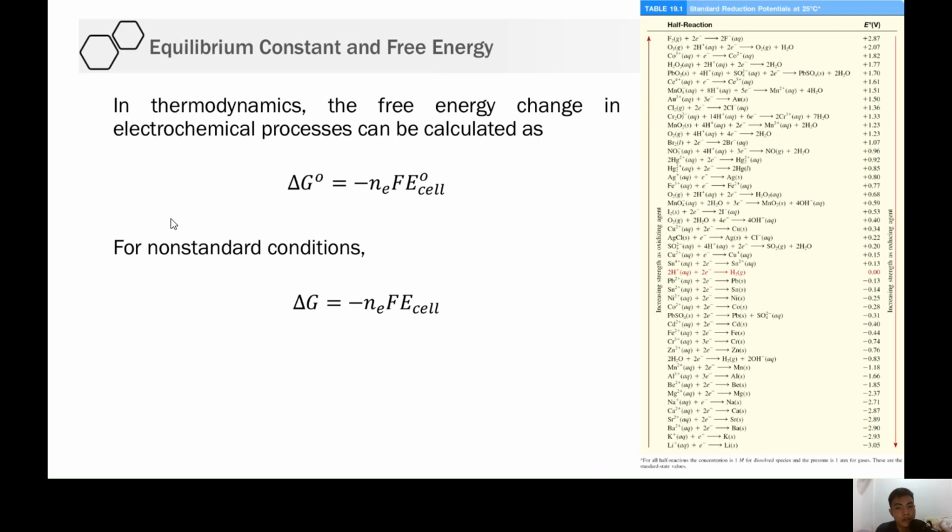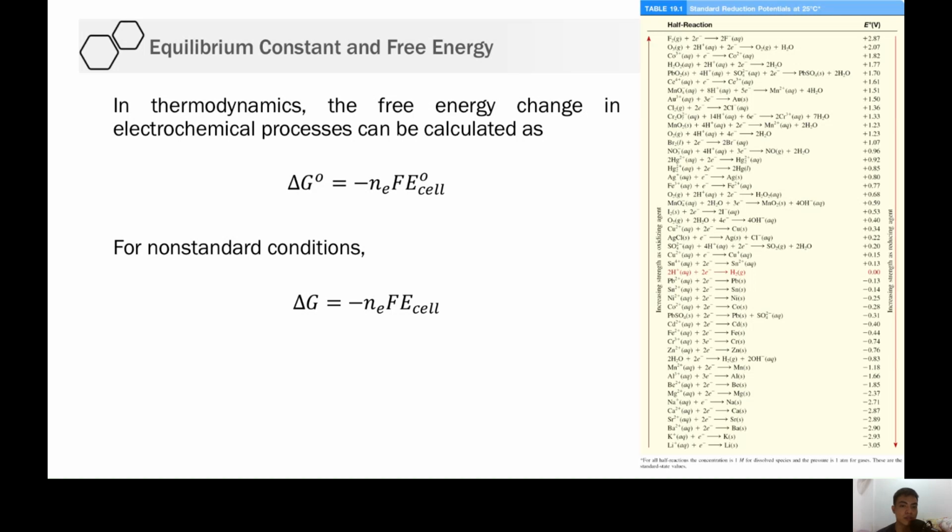If you could recall your general chemistry in senior high school, remember that the free energy is the measure of spontaneity of a chemical reaction. That means if delta G is negative, the reaction is spontaneous. But if delta G is positive, that means the reaction is non-spontaneous.